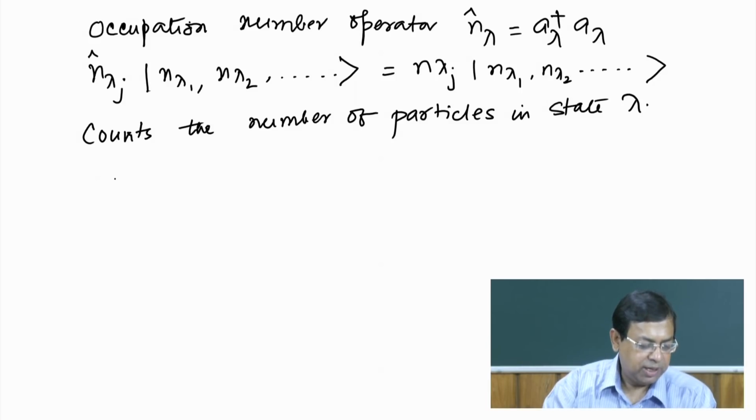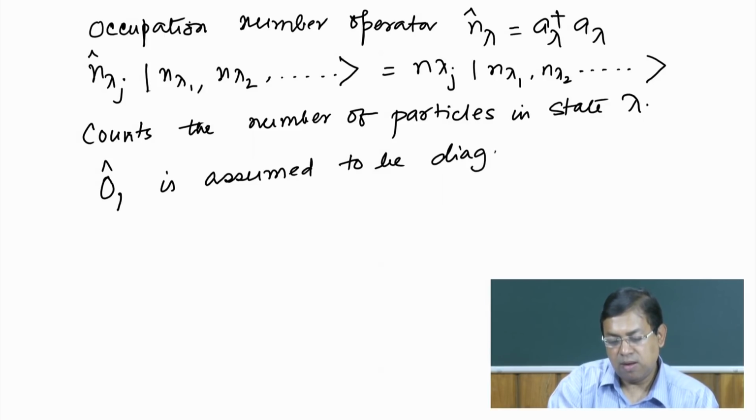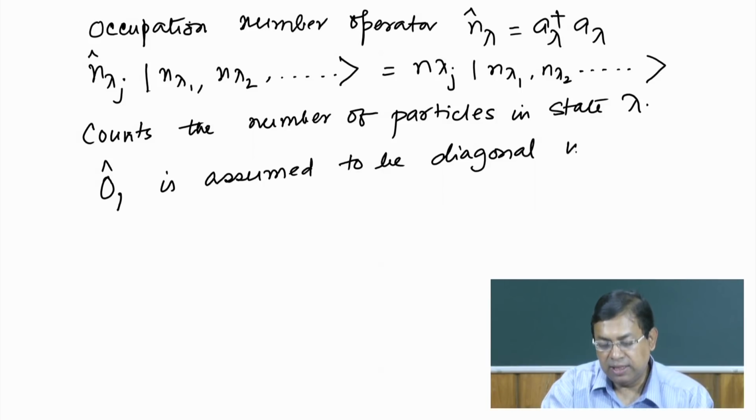one particle operator, say let us call it O1 as we have written earlier, which is assumed to be diagonal in the lambda basis.